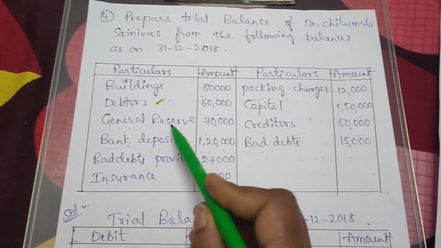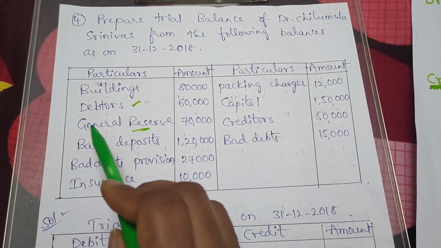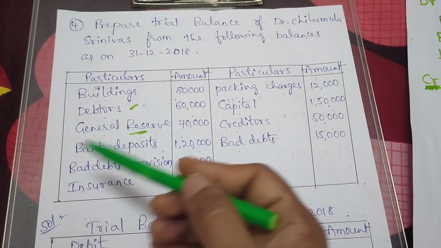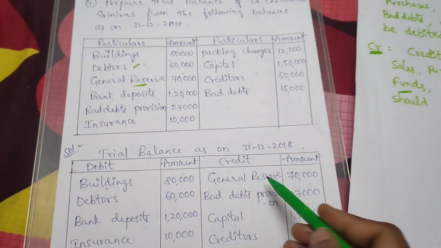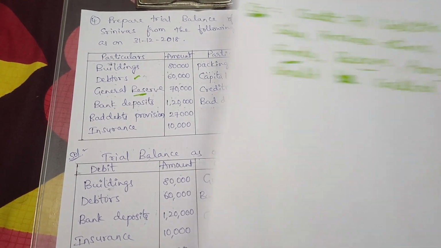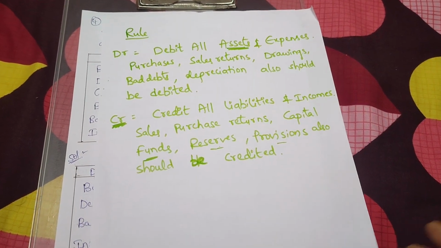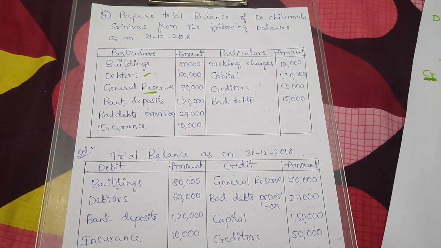General reserve. It is a reserve, so we should credit it. It may be general reserve, specific reserve or any other reserve. All reserves we have to credit. That is why general reserve is recorded under credit, because we followed the rule.